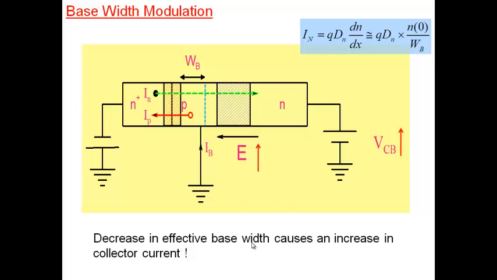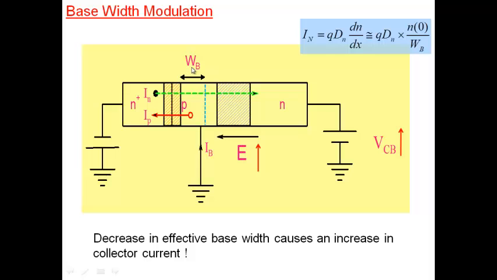I can't go into the details. That's the subject of a different course, but that's in effect the reason why the collector current changes with collector base voltage. Again, let me quickly summarize: as you increase the collector base voltage, depletion width increases. As depletion width increases, the effective base width goes down.